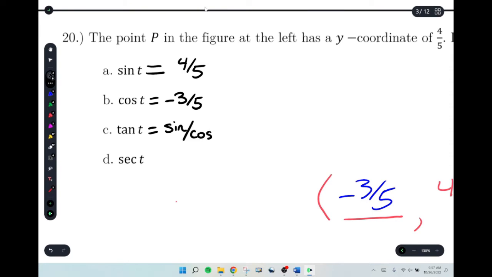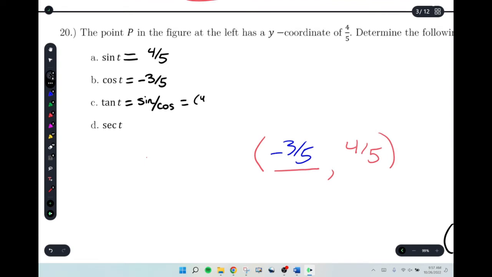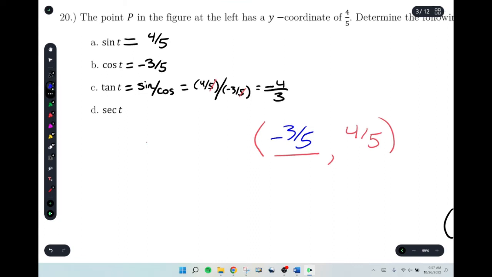Sine over cosine, right? So that equals 4/5 over negative 3/5. And if you remember the shortcut that I said, the 5s cancel. They don't cancel, but yes, the 5s do turn into 1s, and you're left with negative 4 over 3. If you don't like that shortcut, what's the long way to do that?